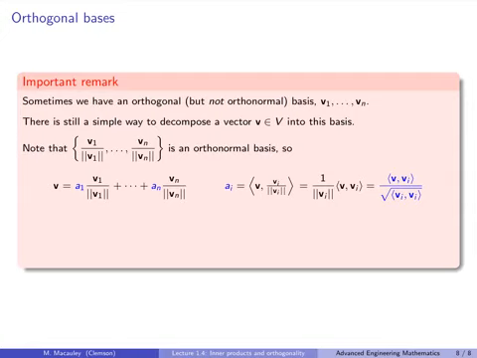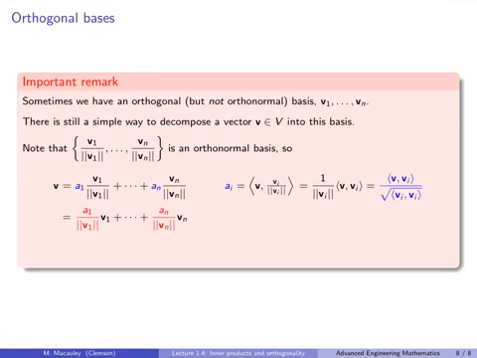So what I'm going to do now is just rewrite what we have here on the left. I'm just going to regroup things. So I'm going to pull that out, and put those things together and write this as v1 times the scalar a1 divided by norm v1, all the way up to vn times the scalar an divided by norm vn.